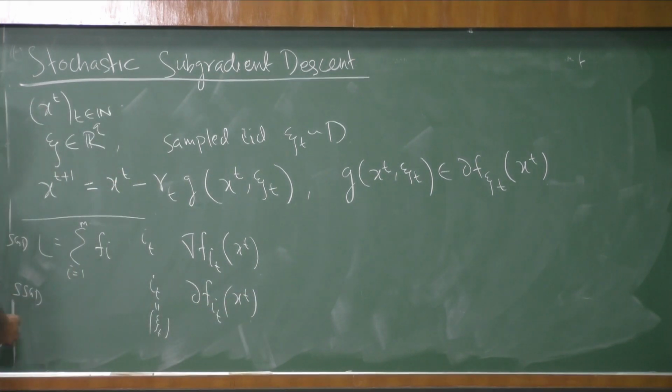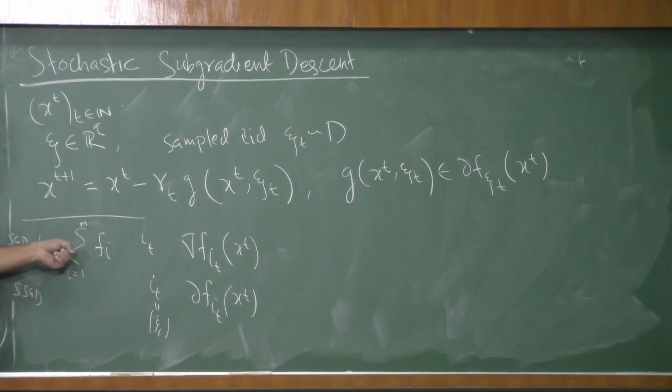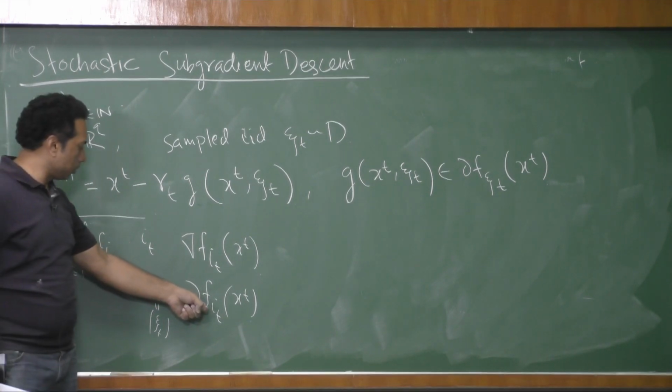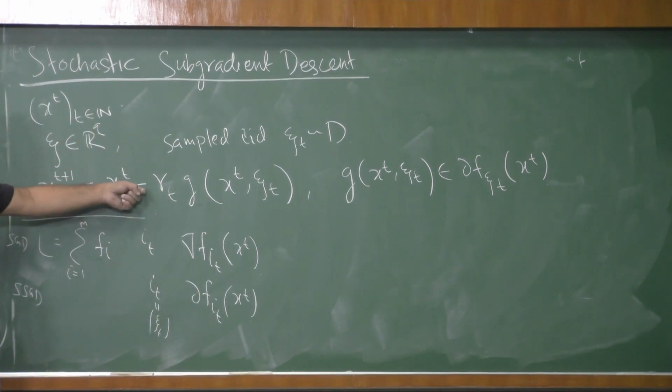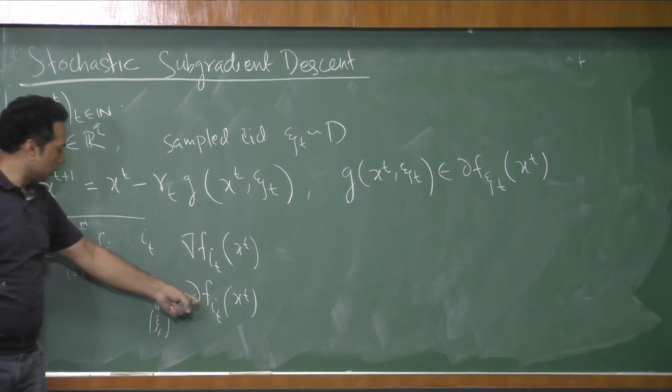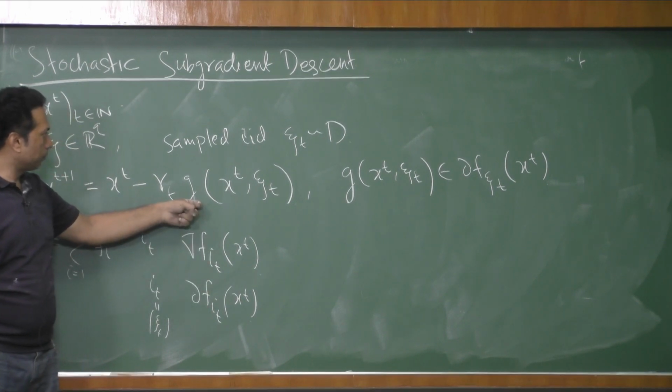So this makes it a stochastic subgradient descent. Stochastic because I do not compute the full gradient; I pick one of these loss functions, and which one I pick is random. These may be non-smooth, and the method says to pick any one from your subdifferential.